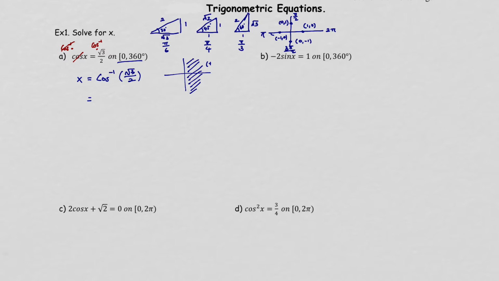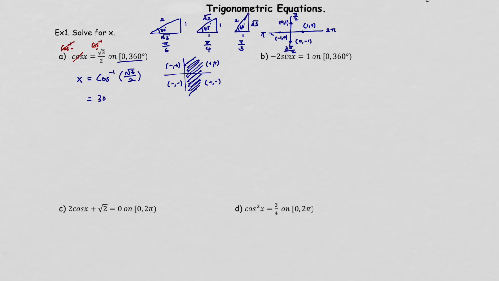These two quadrants, your cosine is going to be positive, right? And the others are negative. And since cosine is the x value, in these two quadrants your cosine will be positive. So it should be in the first quadrant or fourth quadrant of 30 degrees.